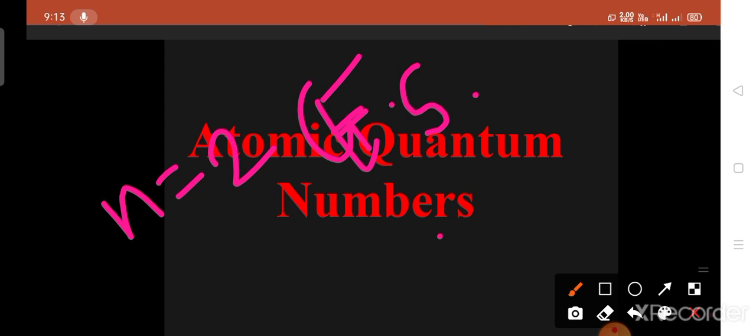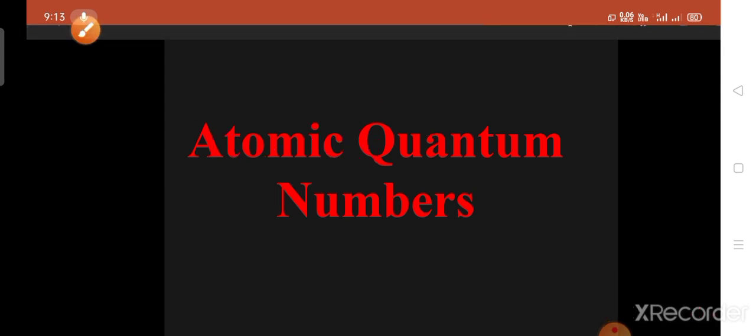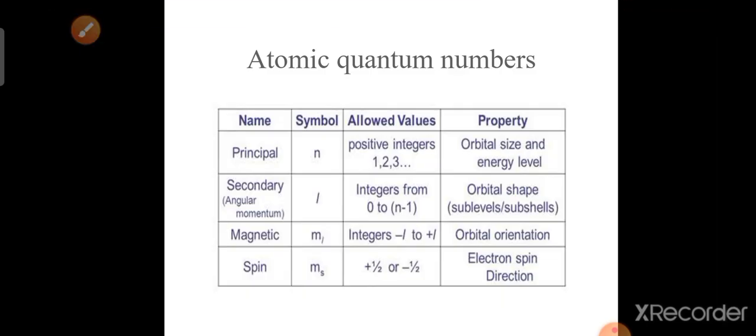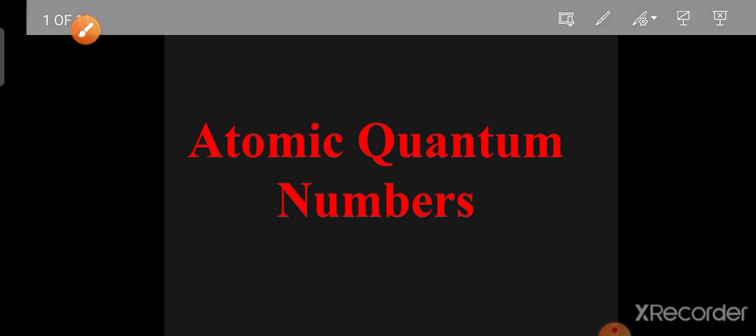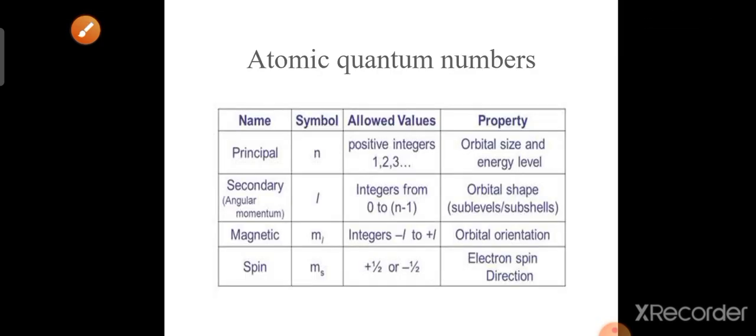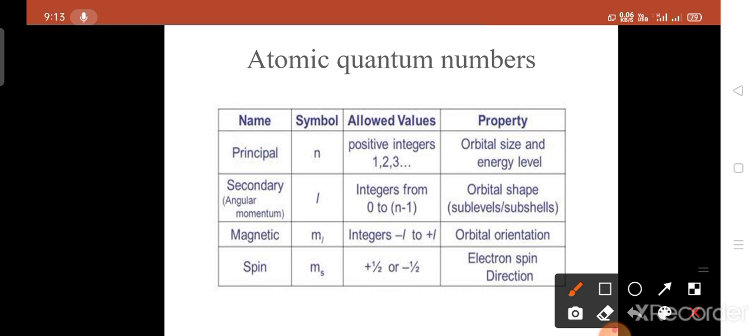Thus, it can be understood that the principal quantum number n cannot have a negative value, and it is not equal to 0, because it is not possible for an atom to have a negative value or no value of the principal shell.